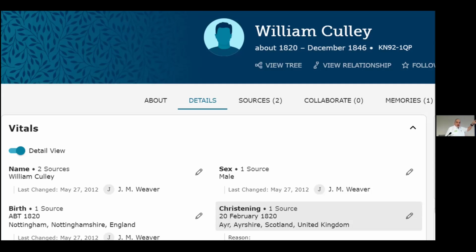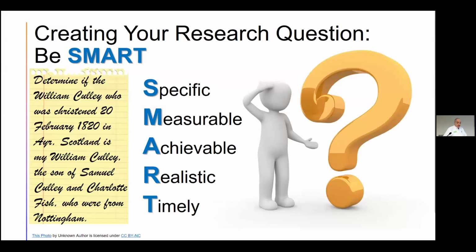Well, that's 300 miles apart. So my research question was: determine if he really was christened on the 20th of February in Scotland. Is that William Cully, my William Cully, the son of Samuel Cully and Charlotte Fish from Nottingham?